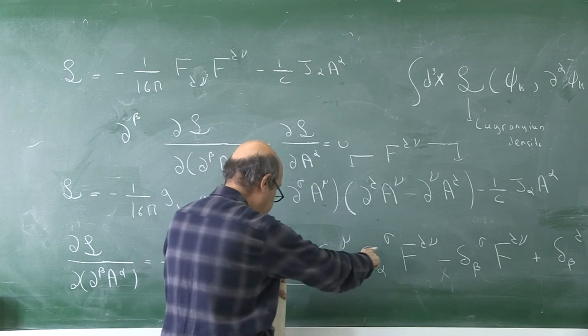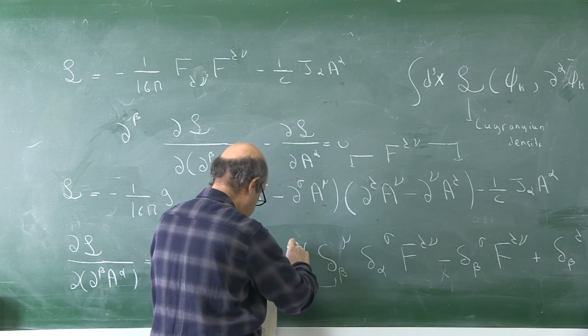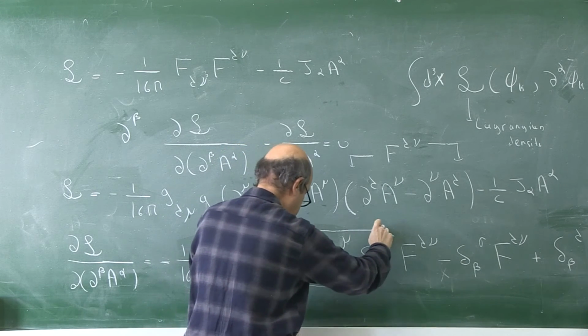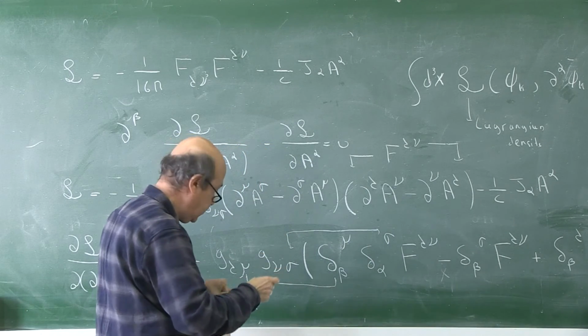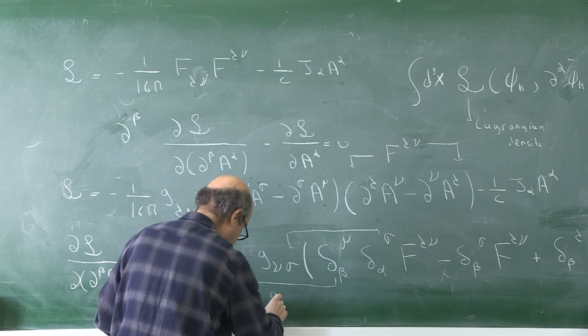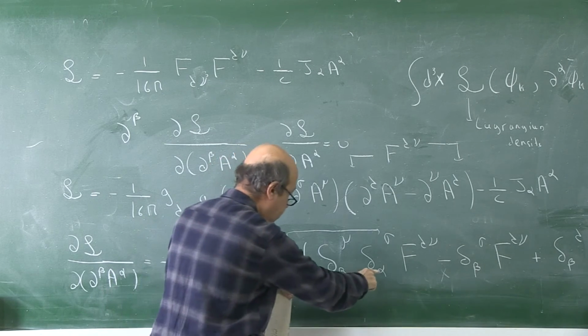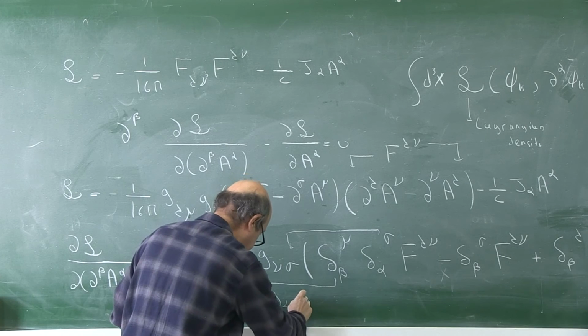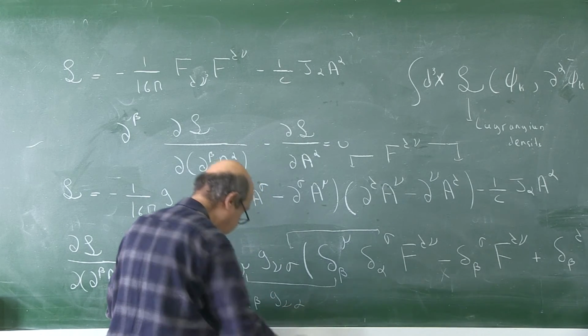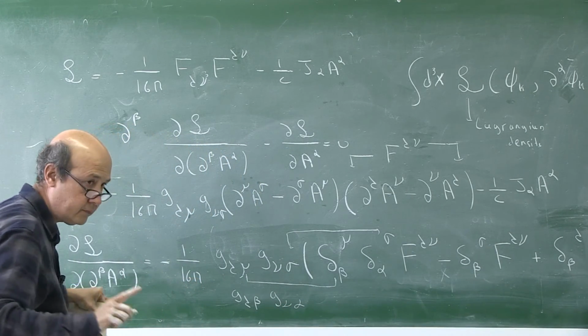And do the same thing to here. Sigma and sigma. Contract this. What will be the G? G mu, and the free index will be alpha. Okay.